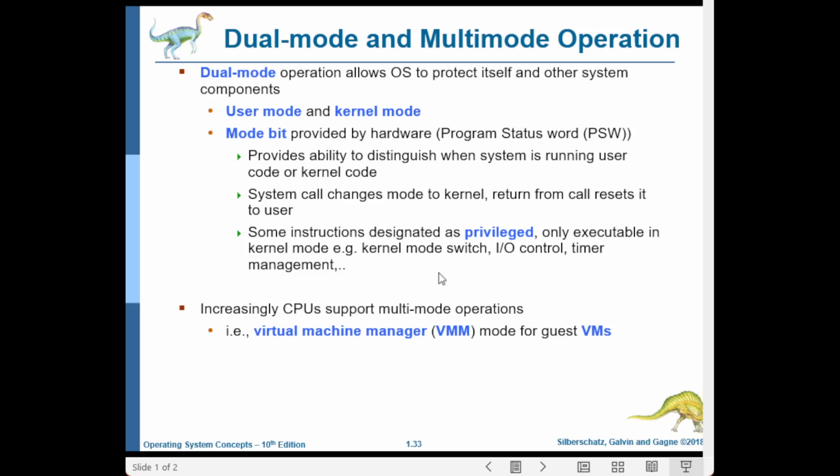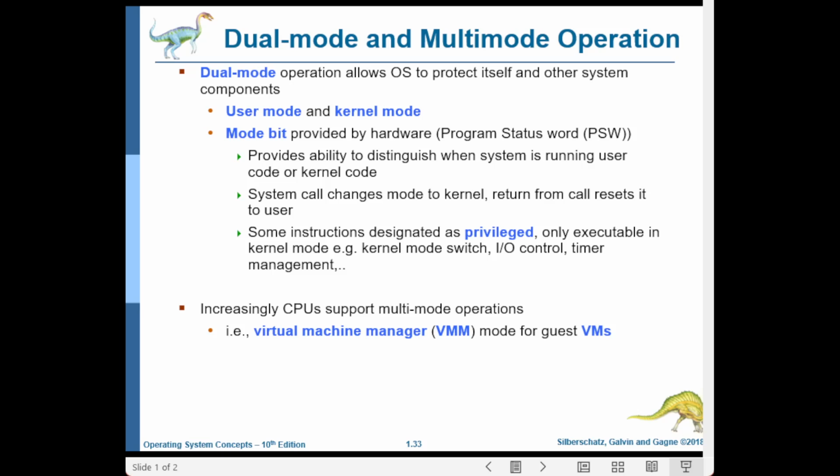Remember that privileged instructions are only allowed to execute in kernel mode. Other examples of privileged instructions we have are input output control, timer management, and interrupt management. All these instructions are privileged, meaning they are only allowed to execute in kernel mode.